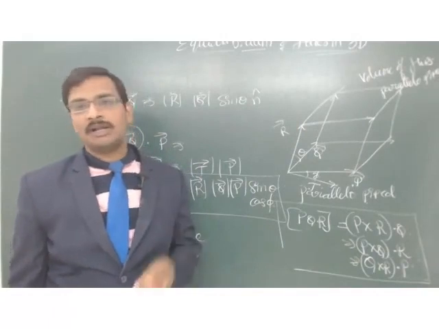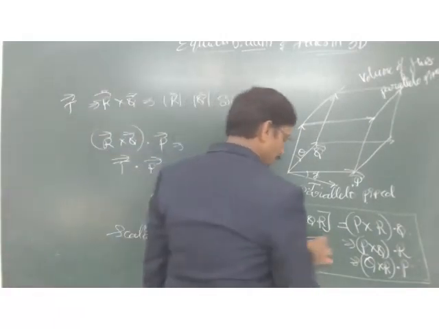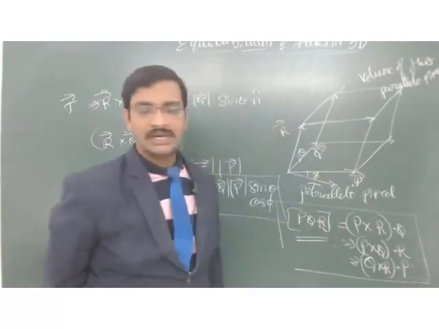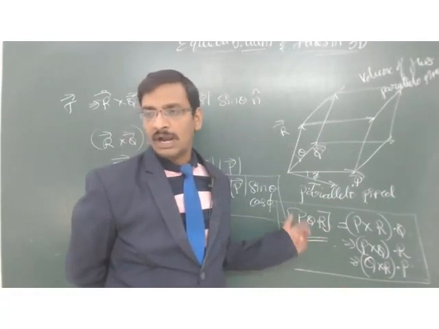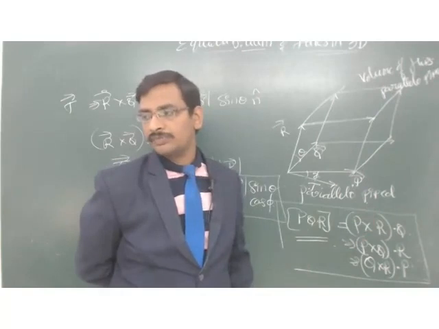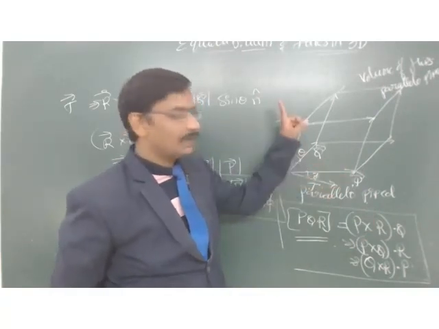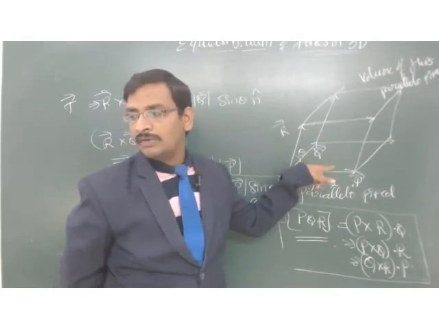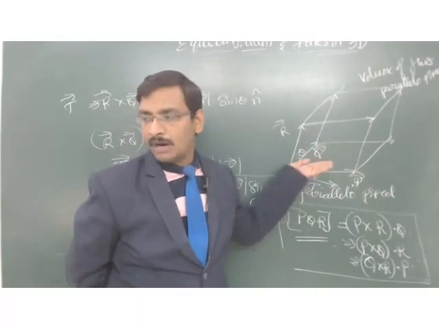So that is the fundamental understanding. The scalar triple product is represented in a standard form like this, which essentially means that you can take the cross product between any two vectors, and then that has to be dotted with the third vector. If you take the bottom two vectors, find the area and multiply by the height, you get the volume of the entire parallelepiped, again by considering the bottom surface.